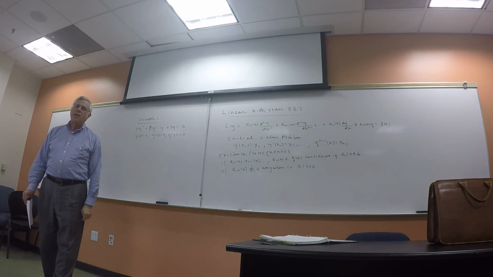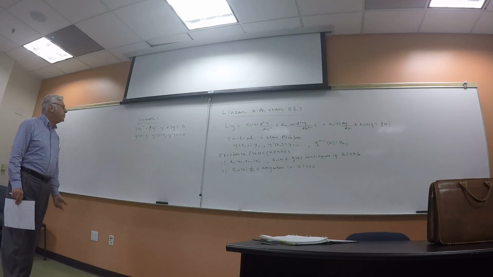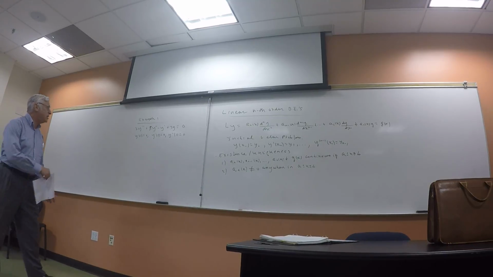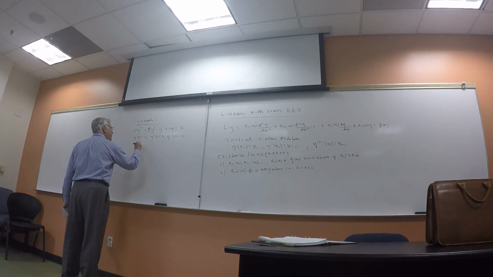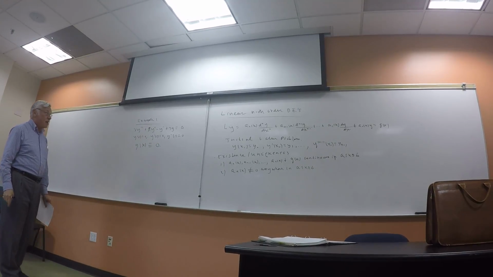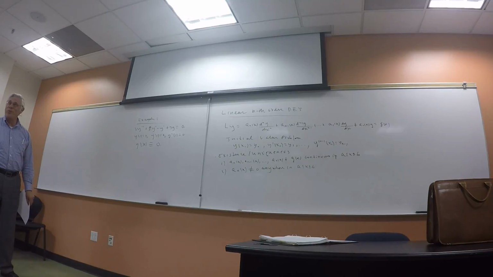Just think, what's the most obvious solution to that equation? Someone can just guess. Zero. y of x identically 0. It solves the equation, there's no question about that, and it solves the initial conditions.